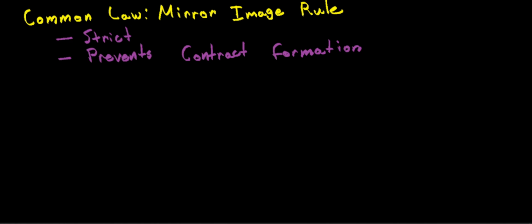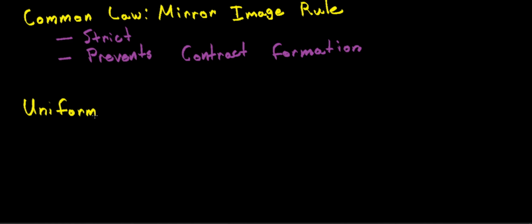And so you might think to yourself about ways in which the common law rule could be modified to be a little bit more flexible and to save these contracts that are negotiated where there is agreement as to all of the material terms, and there's just some ongoing negotiation about minor provisions in the contract.